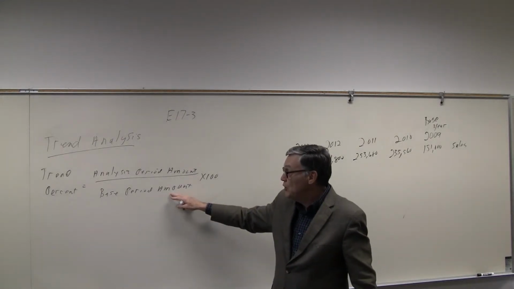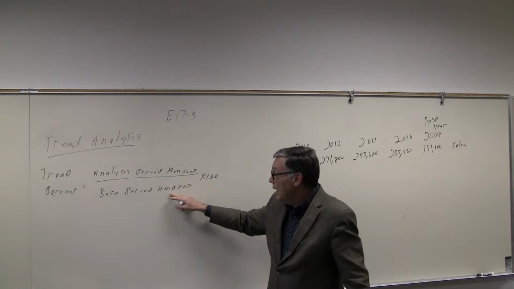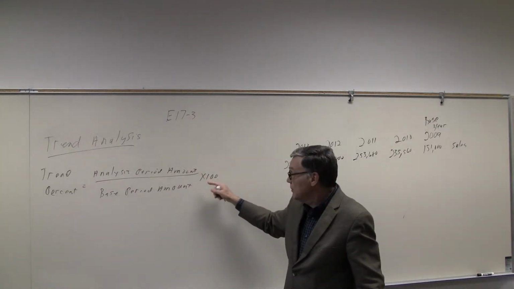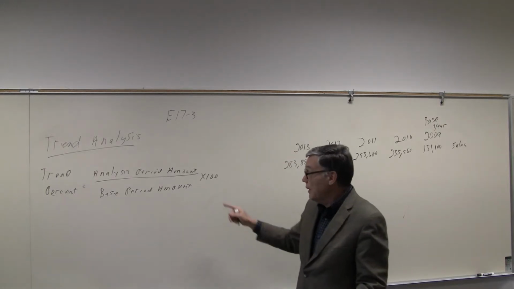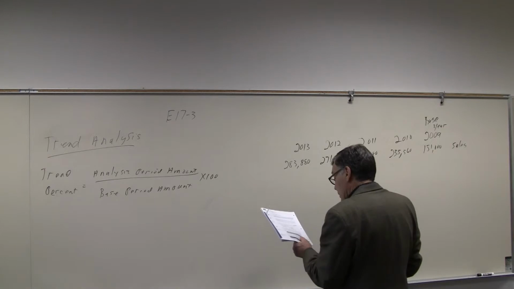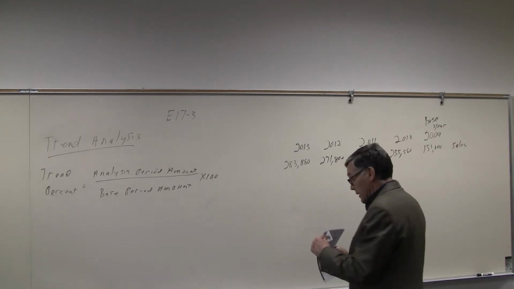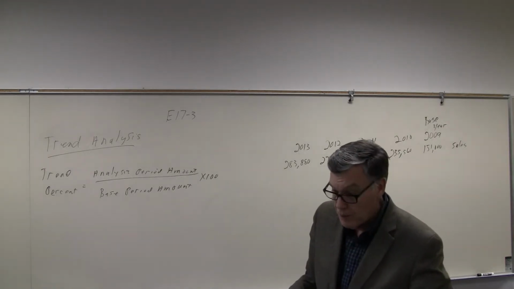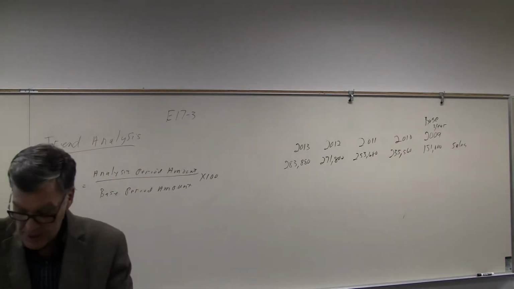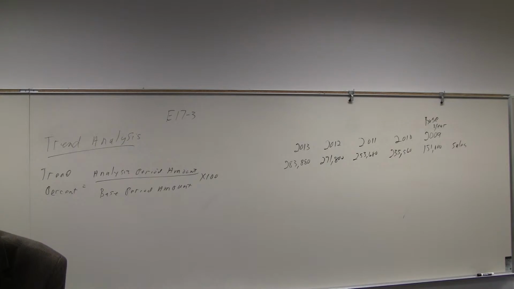So what's going to happen here is the first year, 2009, this 151,000 will always be the base year. And every successive year will be the numerator times 100%. So the base year will always be 100% because it will be itself over itself.